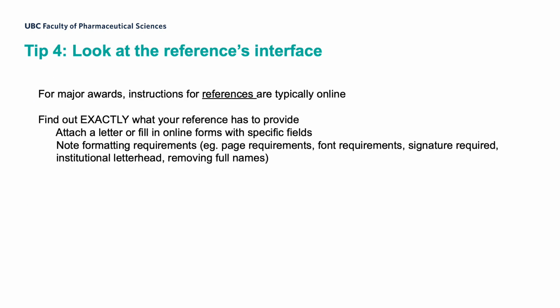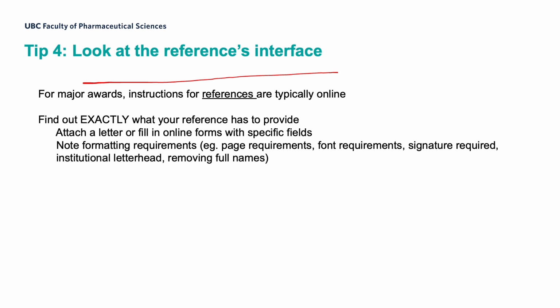The next tip is to look at the references interface. Go into the system. Most systems, such as CIHR and NSERC, and most major awards and scholarships, allow you to see exactly what the referee needs to do. Do they need to upload a PDF of a signed letter?